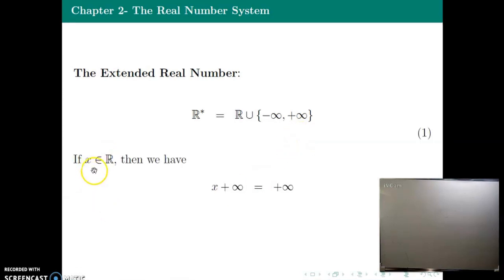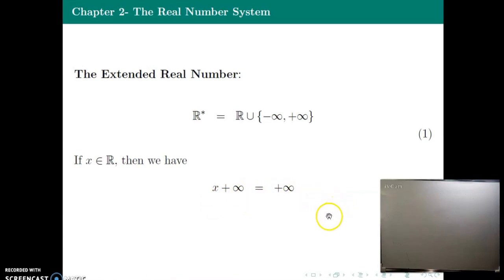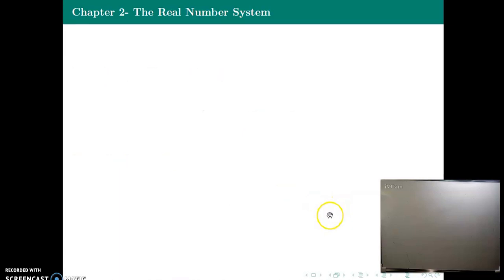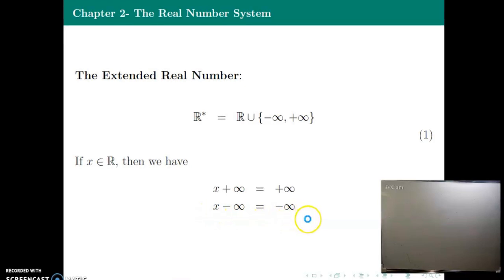If we have here a real number x, then the sum of a real number and positive infinity is equal to positive infinity. Then x minus infinity is negative infinity.